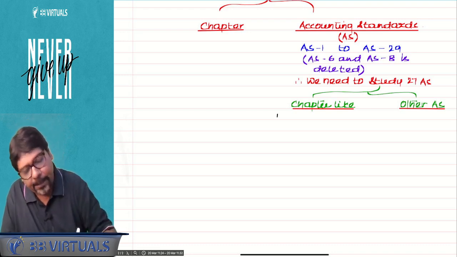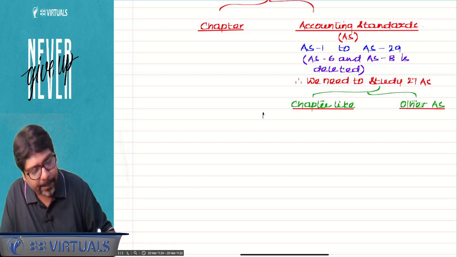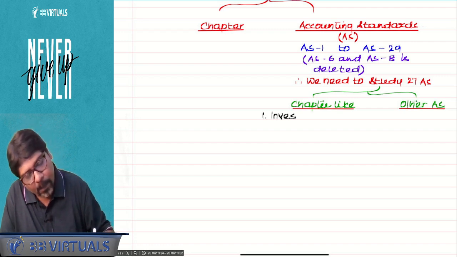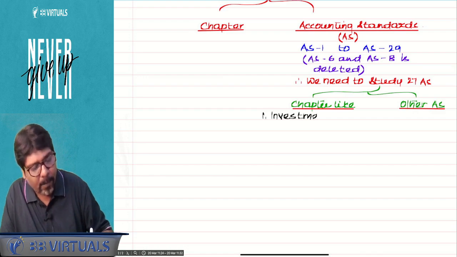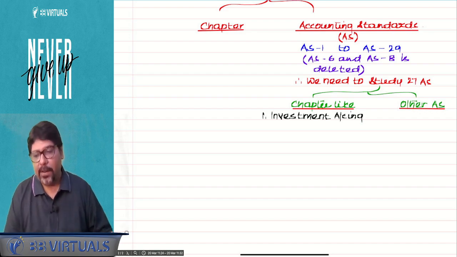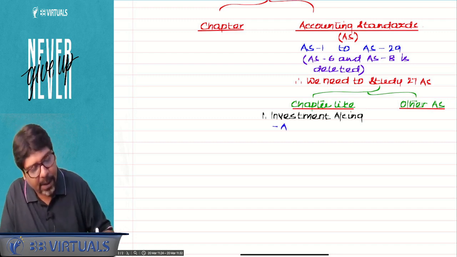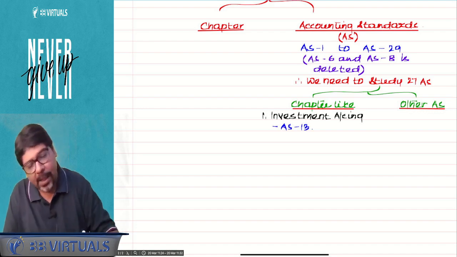So chapter-like, you have number one, investment accounting. This investment accounting is AS 13.